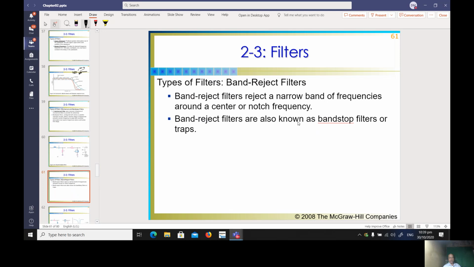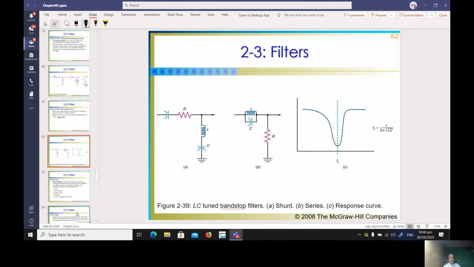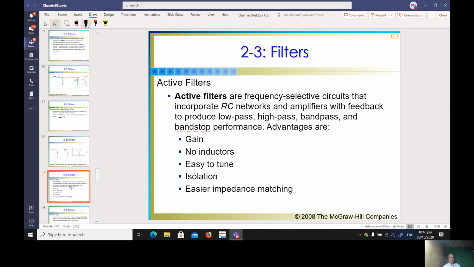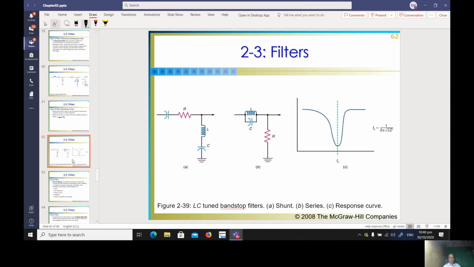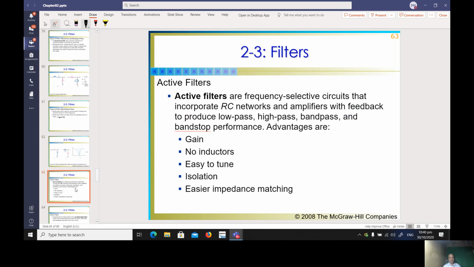A band reject filter is also known as band stop. So these are wave traps, especially in television, in higher electronic applications like television.